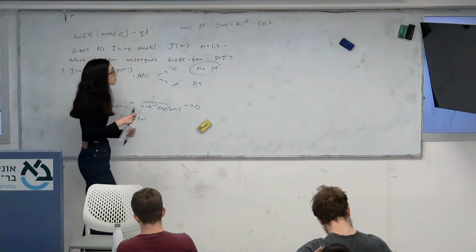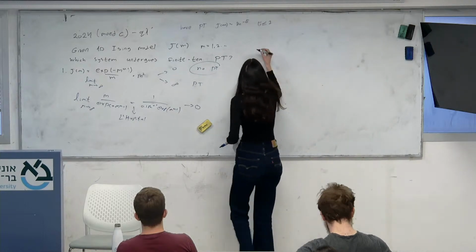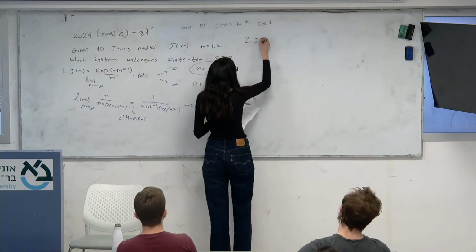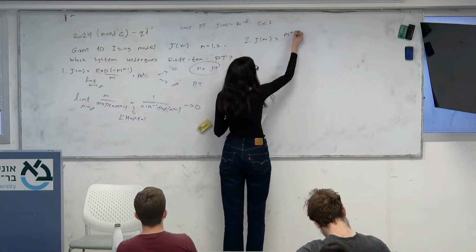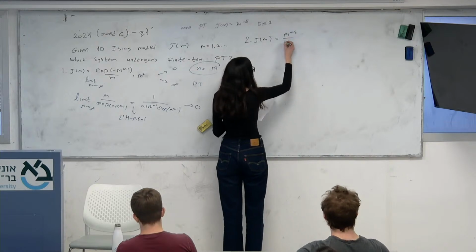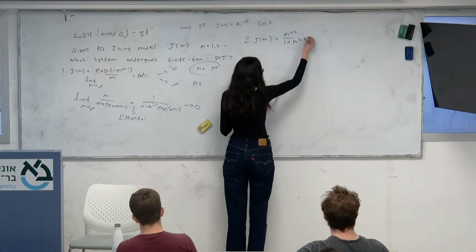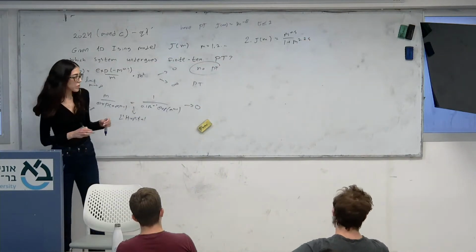Number 2. J of m is equal to m to the 0.5 over 1 plus m to the 2.25.